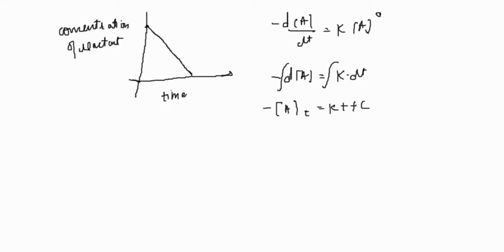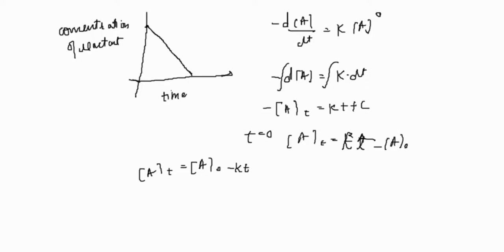At t equals 0, A equals a naught, so A at time t becomes a naught minus kt. This is the concentration of A versus time t. This is the relation we will use when we calculate the concentration of reactant at any time t.